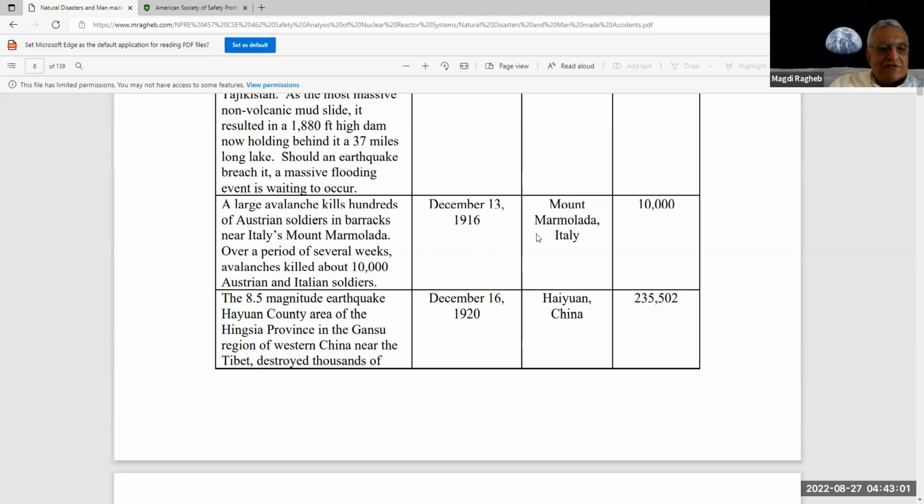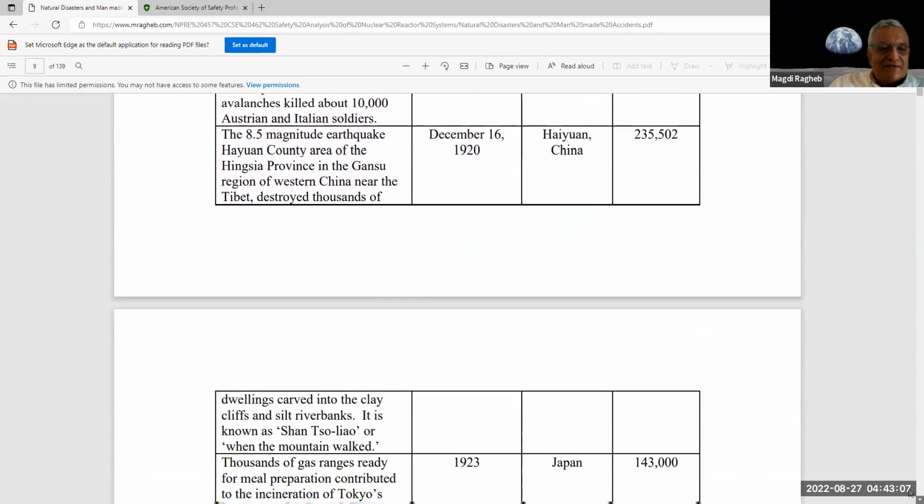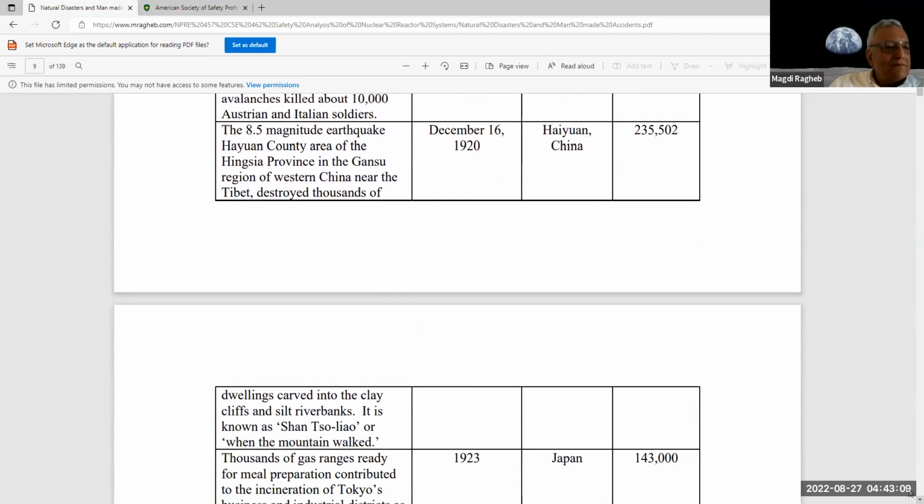There were avalanches that killed 10,000 soldiers, not fighting each other with guns, but just an avalanche happening. In the province of Gansu in China again, you notice when these earthquakes and floods happen in China, in 1920, it is immediately in the hundreds of thousands, 235,000 perished.